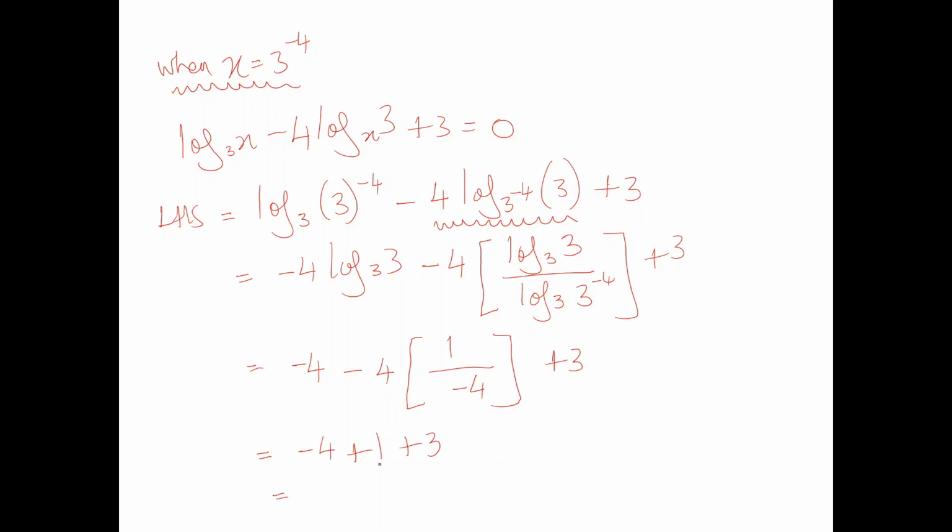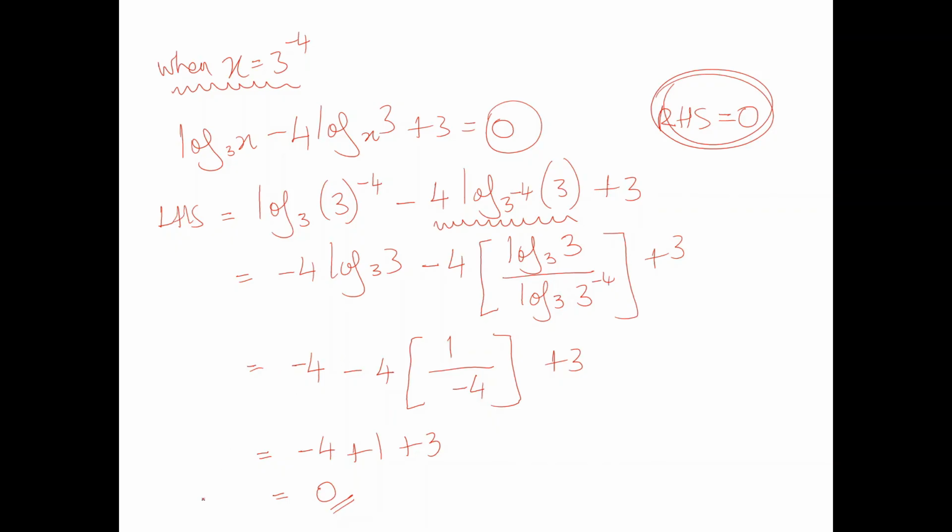So negative 4 plus 1 plus 3 will be 0. So left hand side equal to 0. And we already know the right hand side here also equal to 0.